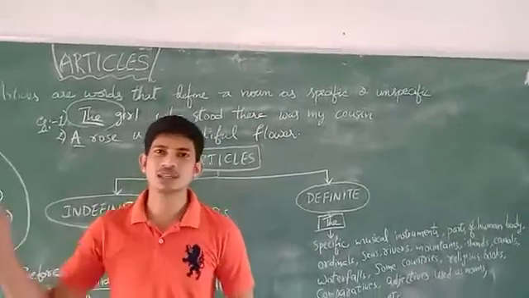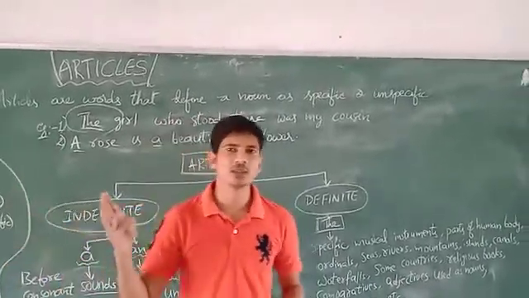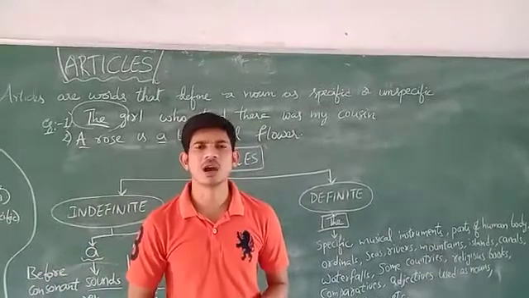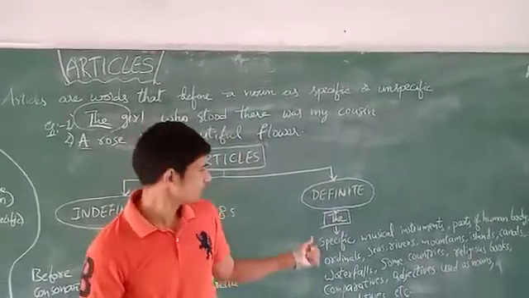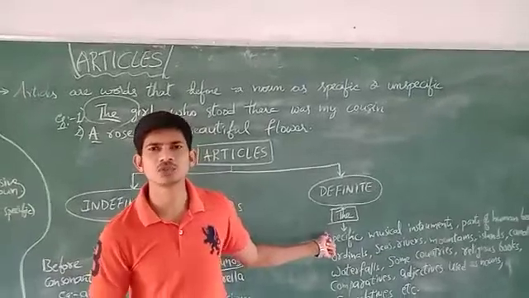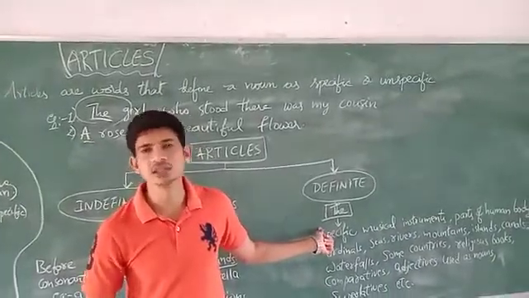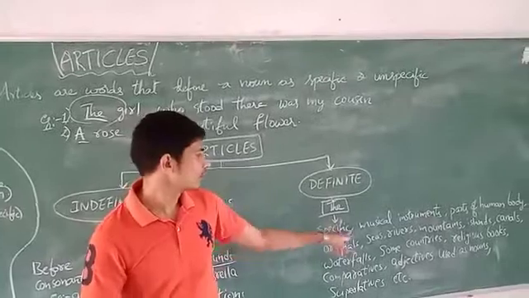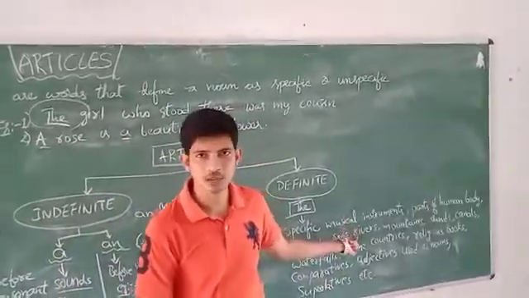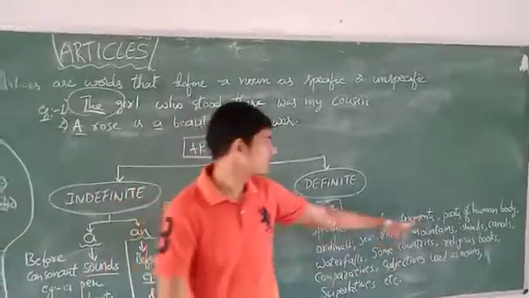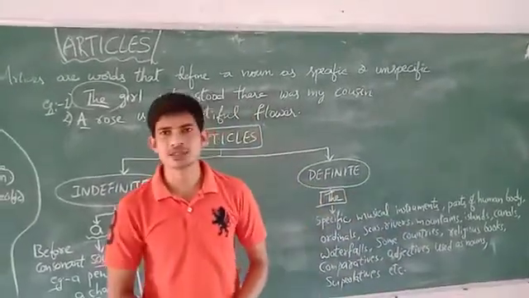The sun, the planet, the earth, all these are specific and of their own kind. So we should say the sun, the earth, the moon, like that. It is also used before musical instruments, the violin, the drums, like that, and before human body parts.